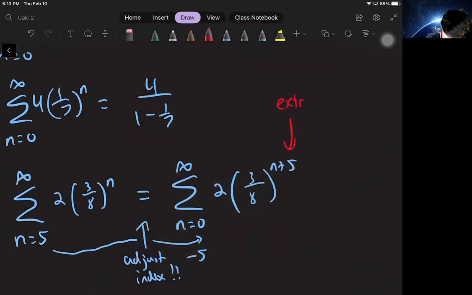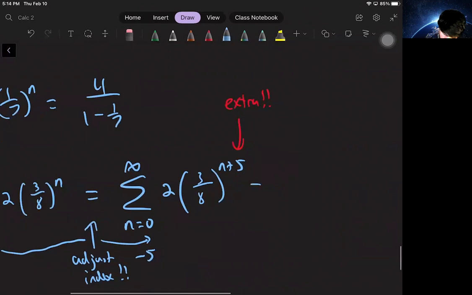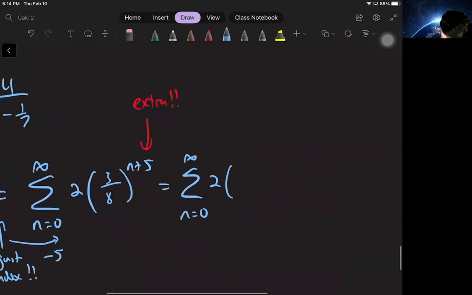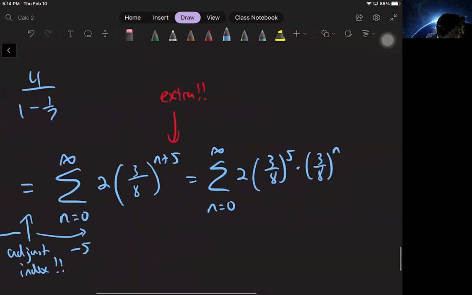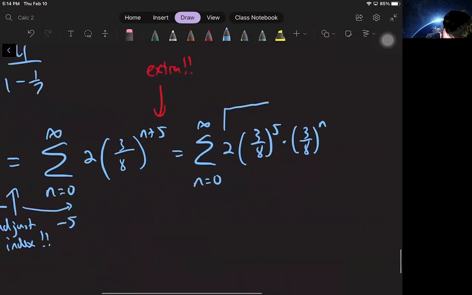We don't want that. So then what we have to do is remember how powers work and realize that that is just the same as 3/8 to the 5th times 3/8 to the n, because if you have the same base, you add the powers. And then I can use my other rule that says, well, these are constants.